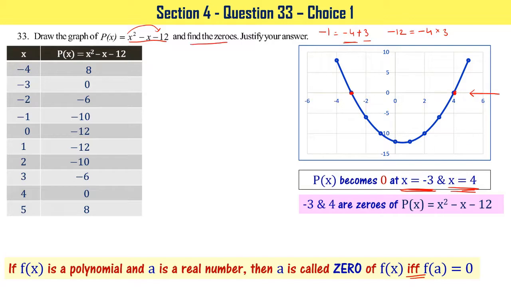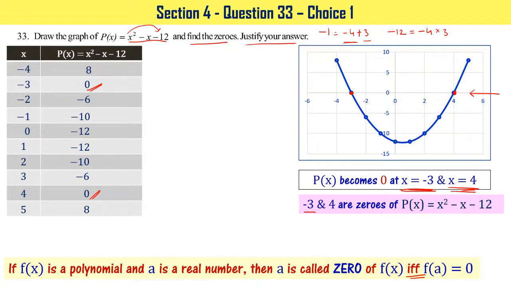Now we have to justify the answer. How do we justify? Whatever zeros you got, you simply substitute them into the equation and see whether you're getting the value as 0 or not. As such, we have already got 0 for x equal to minus 3 and x equal to 4. But in some cases, your zero may be something like 2.5, for example, and you have not taken that value while constructing this table.